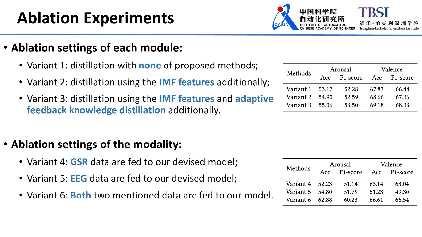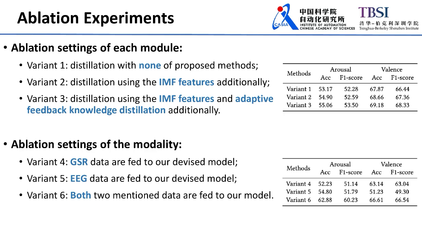To evaluate the validity of each module in our knowledge distillation framework, we designed 2 ablation experiments. For the proposed EmotionKD framework, we conduct experiments by ablating the guidance from the IMF feature and the adaptive feedback knowledge distillation mechanism proposed in our paper.